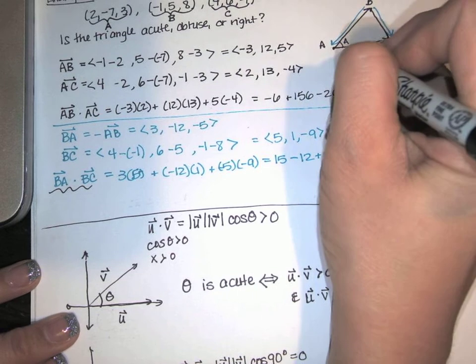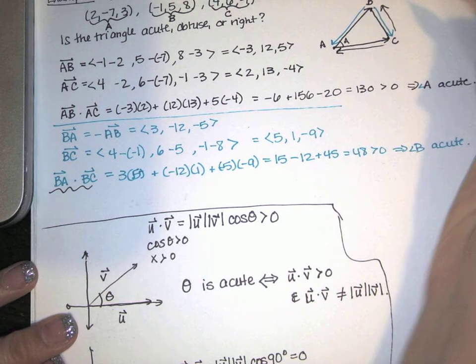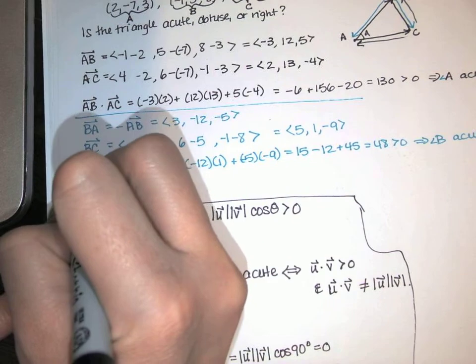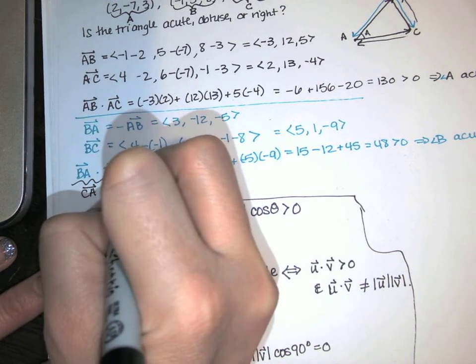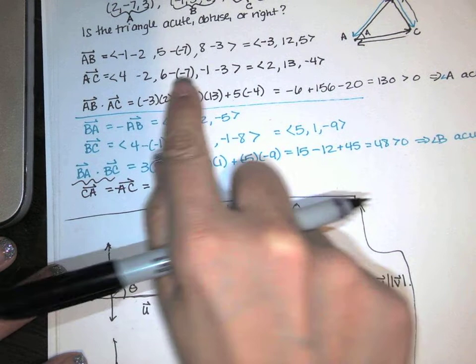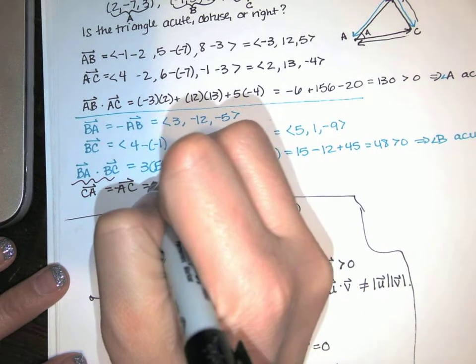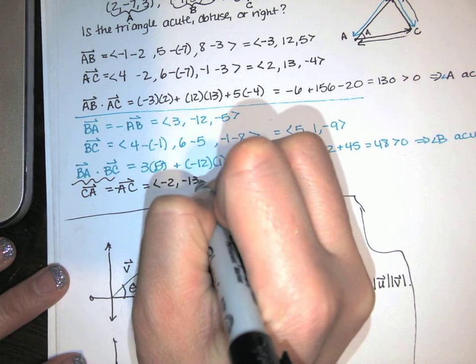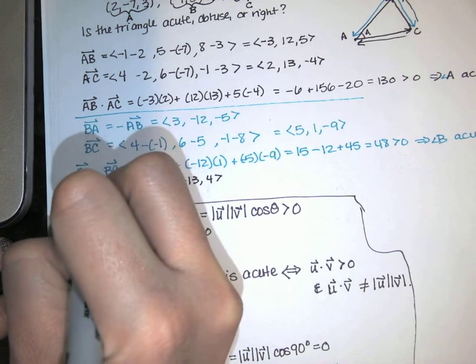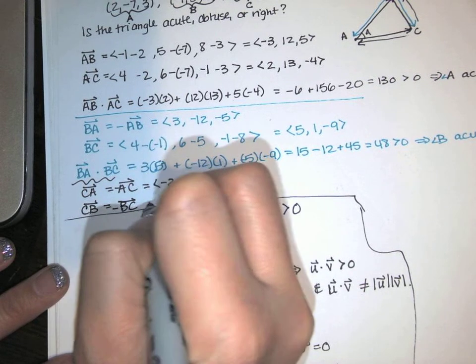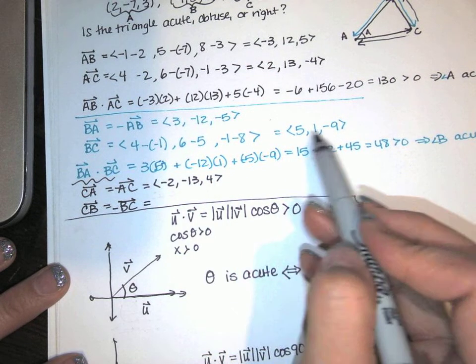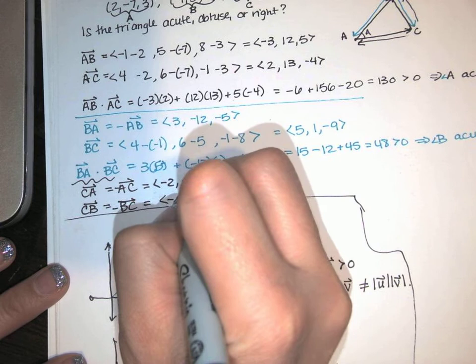So we need AC or CA and BC, or CB, excuse me. Now CA is just the opposite of AC, so just take this one, multiply it by -1. Then CB is the opposite of BC. Take that one, multiply it by -1.